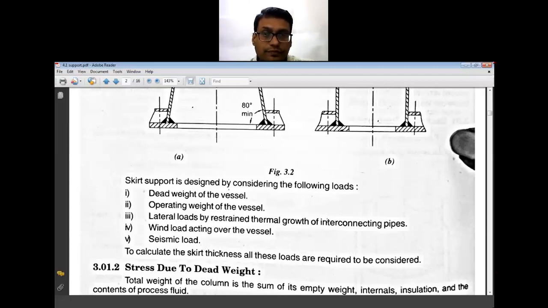Coming to the designing process of the skirt support, as it is used for tall vertical vessels, its height is one of the major distinguishing factors for calculating the stresses. We are going to discuss the dead weight of the vessel and the operating weight of the vessel.